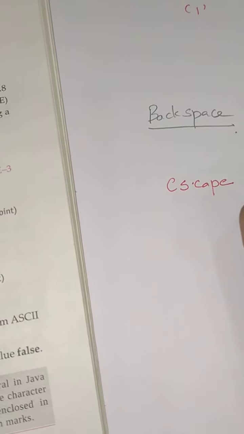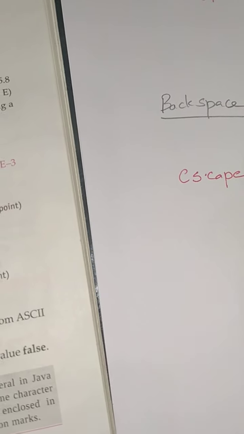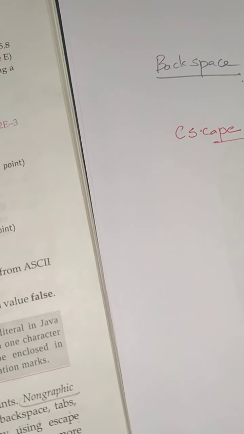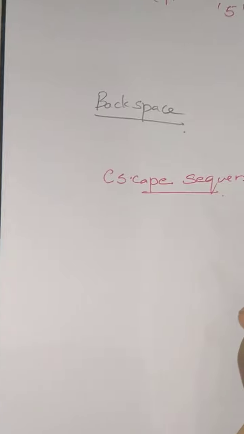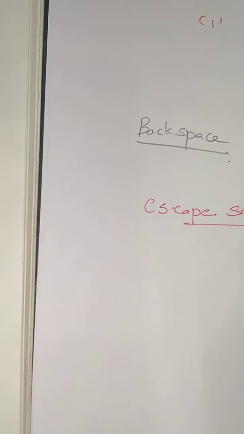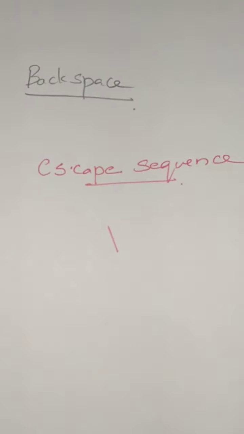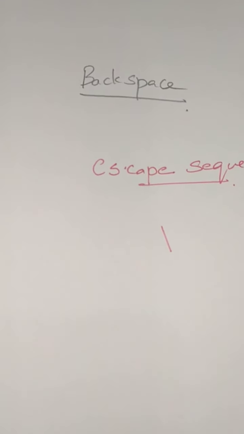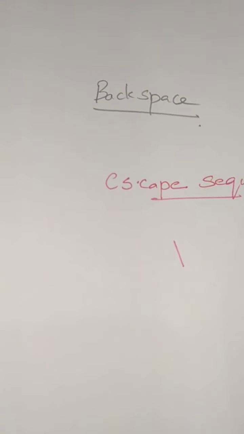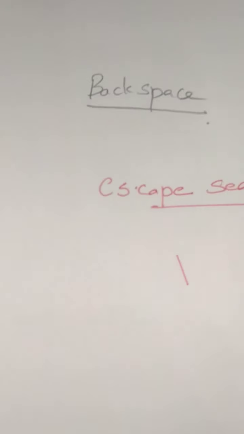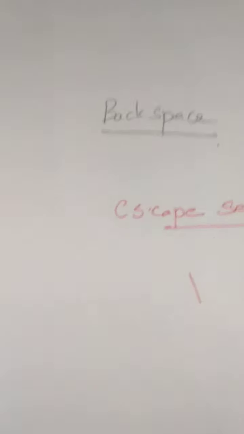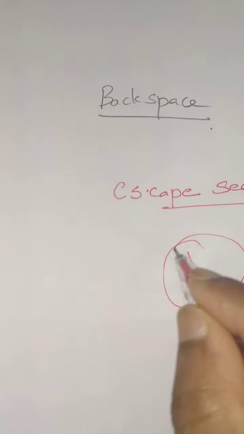The syntax for writing an escape sequence is: first you have to specify a backslash, and then you write the character. So an escape sequence is represented by using a backslash.